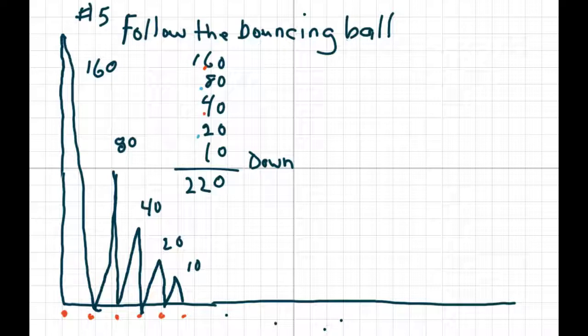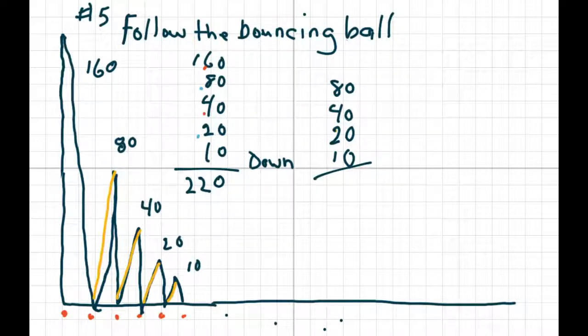Back up. So our first number was, as it dropped, it came back up to the 80 mark. So our new number is 80. Then we had a 40, a 20. So clever, these new instruments here. And then a 10. We add that up. Is that correct? Yeah, 1, 2, 3, 4 up bounces.